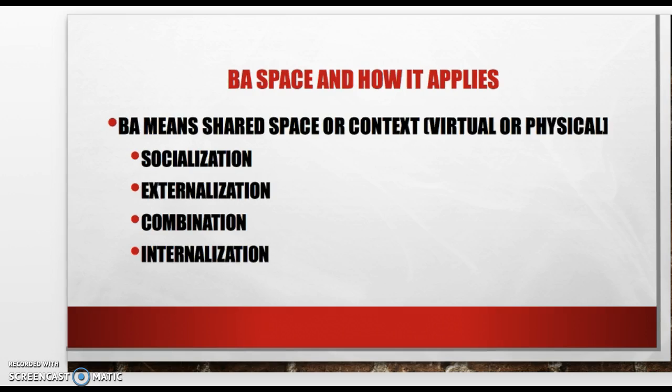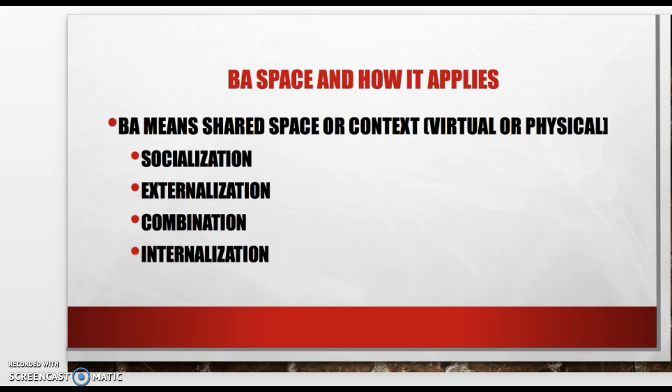Then the author also talks about BA. BA means shared space or context. It can be either virtual or physical. And how an organization can take this BA or space and apply it to each of these different types of socialization, externalization, combination, and internalization. So we're enabling conditions.